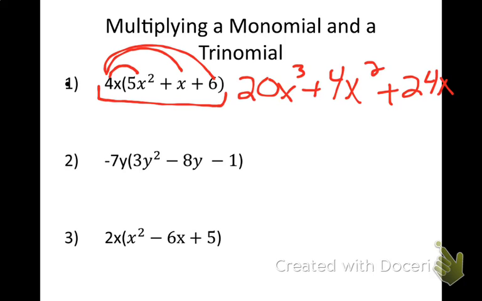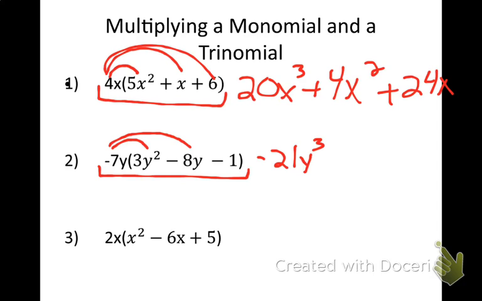Same thing on number 2 here. Negative 7y times 3y squared minus 8y minus 1. I want to distribute. So I'm going to take negative 7y times 3y squared. Nick, what do I get? Negative 21y to the third.